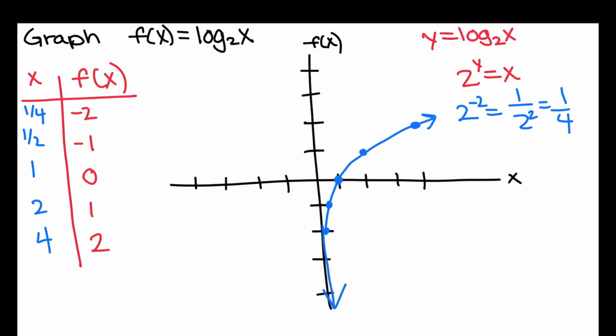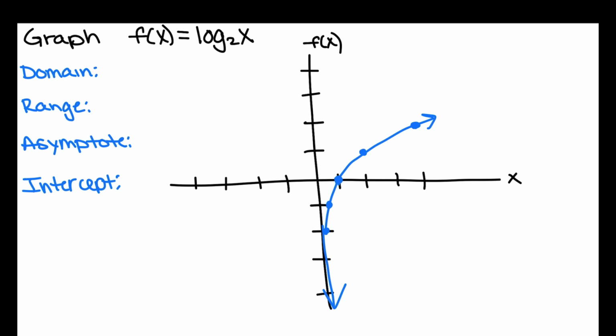There's a couple of important features I'd like to point out. This graph has a domain that's 0 to infinity, not including 0. What that means is we can only take the log of positive numbers. That's because our exponential functions have ranges of positive numbers.